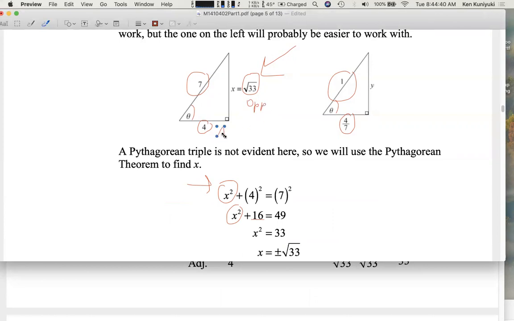That's going to be adjacent. Opposite over here. And the 7 here, remember, is the hypotenuse. Relative to theta, here's the cast of characters. This is the hypotenuse regardless.